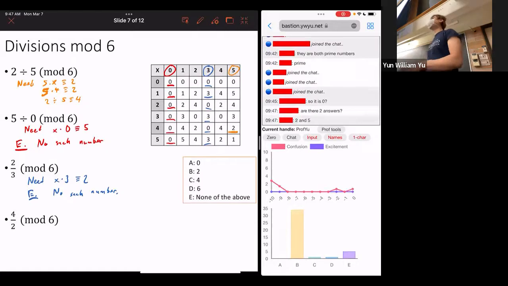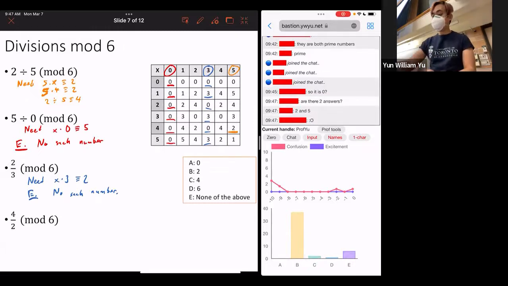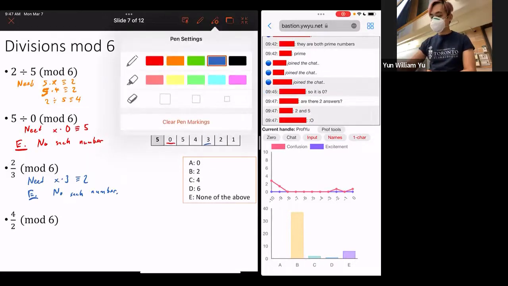Yes, there are 2 answers. So division goes super wrong when you're dividing 4 by 2, because you end up with 2 answers. So let's see that. What are these 2 answers?